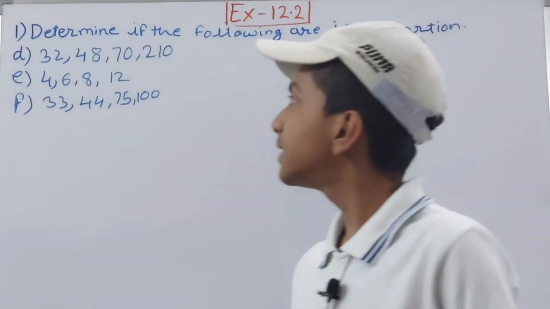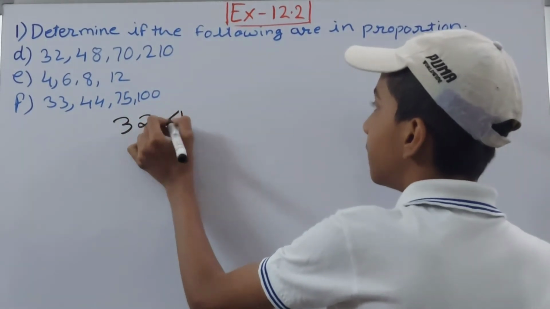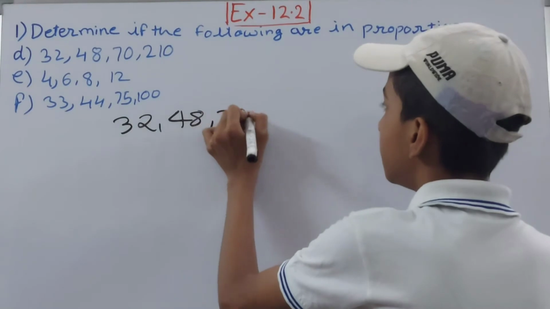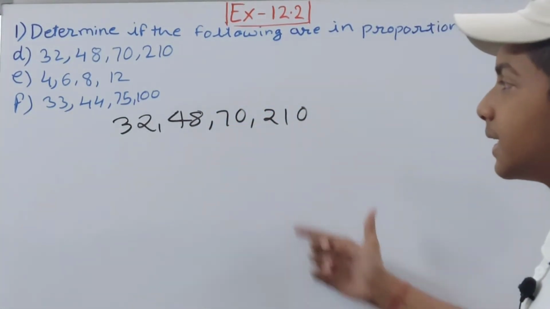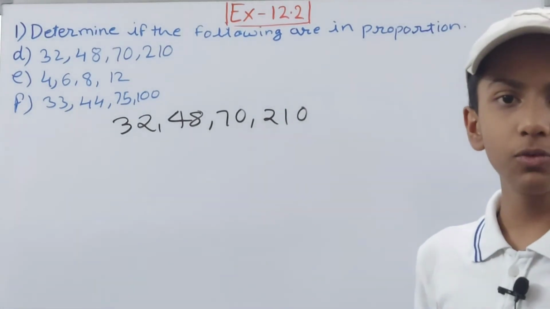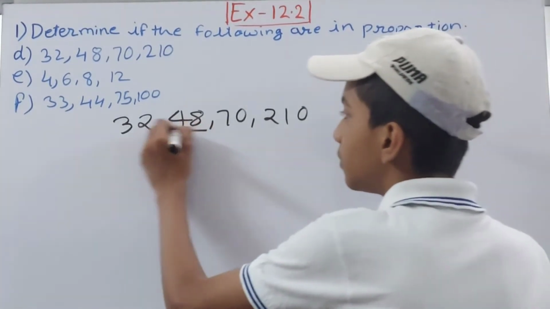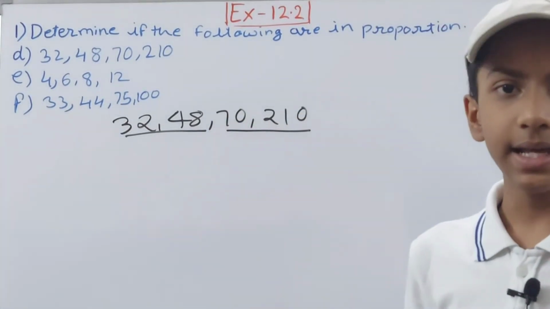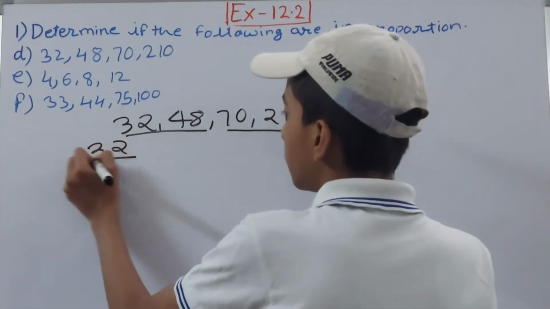Now next is 32, 48, 70 and 210. Not 110, 210. Again we will first make the pairs. The first one is 32 and 48, the second one is 70 and 210. So 32 upon 48.